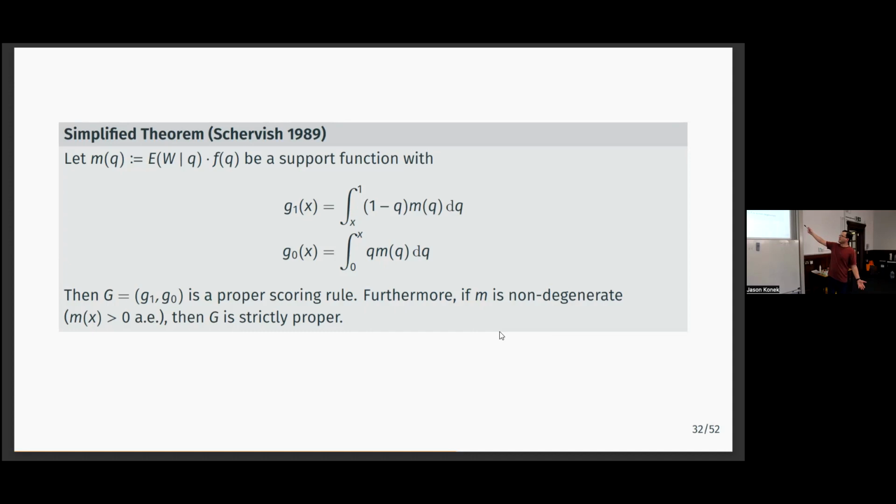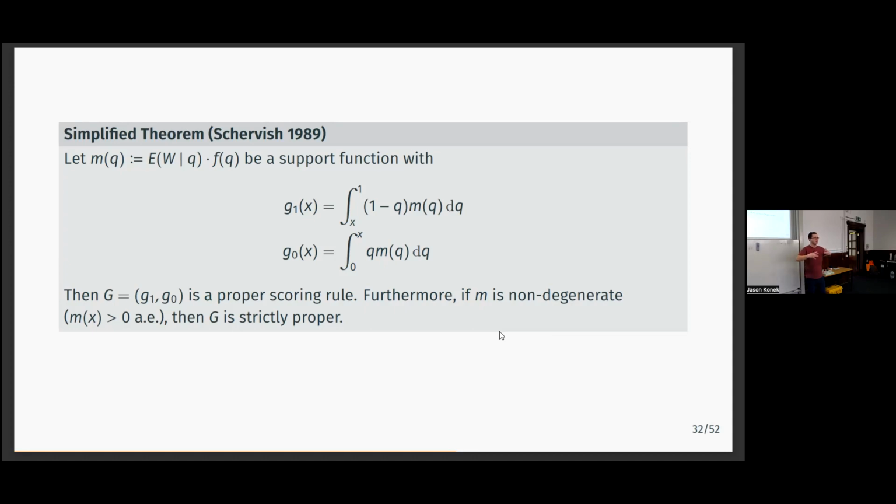But what am I doing? Well, I just replace the sums with this mass function m of q, codifying how important it is at this q point. And then I integrate. So what do I integrate? Well, I lose 1 minus q times the expected importance of q when it's actually true. You can think of G1 here as saying, given that X actually turned out to be true, you still don't know what bet you faced.